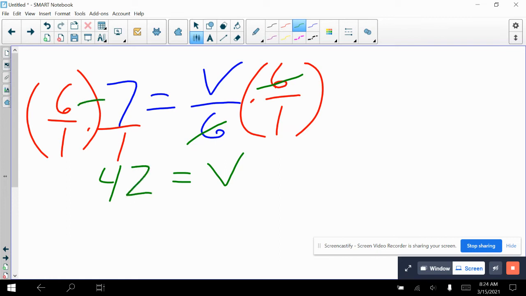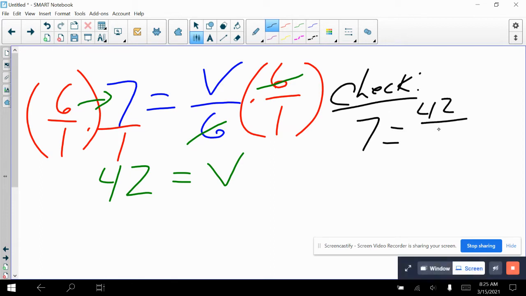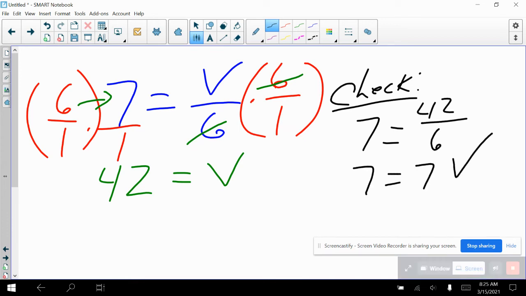On the left side, you multiply straight across, you get 6 times 7 is 42 over 1, which is just 42. So again, if we go to check it, 7 is equal to 42 divided by 6. 7 is equal to 7. We're good to go.